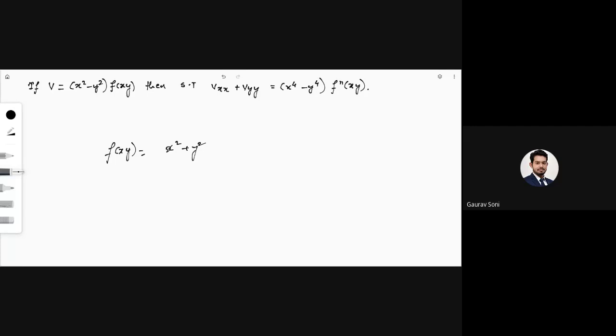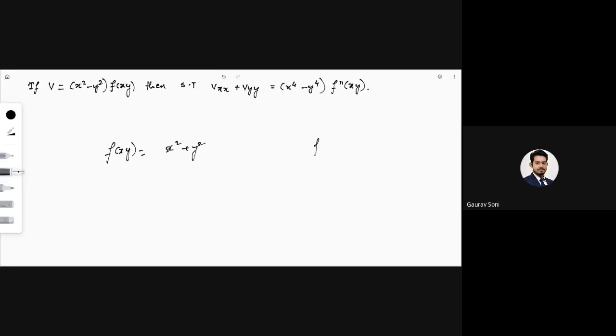F of xy is equal to x square plus y square? Not sure, sir. Yogesh, what do you think about this? Sir, I think it is correct.